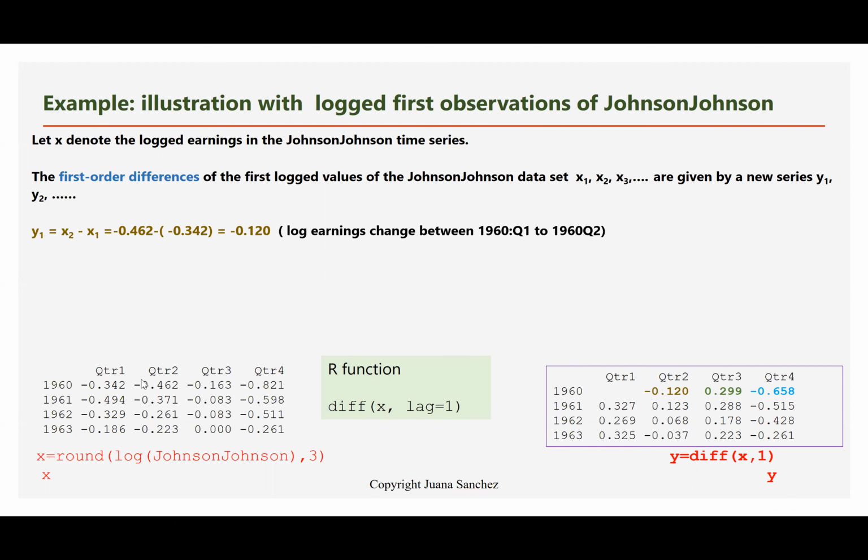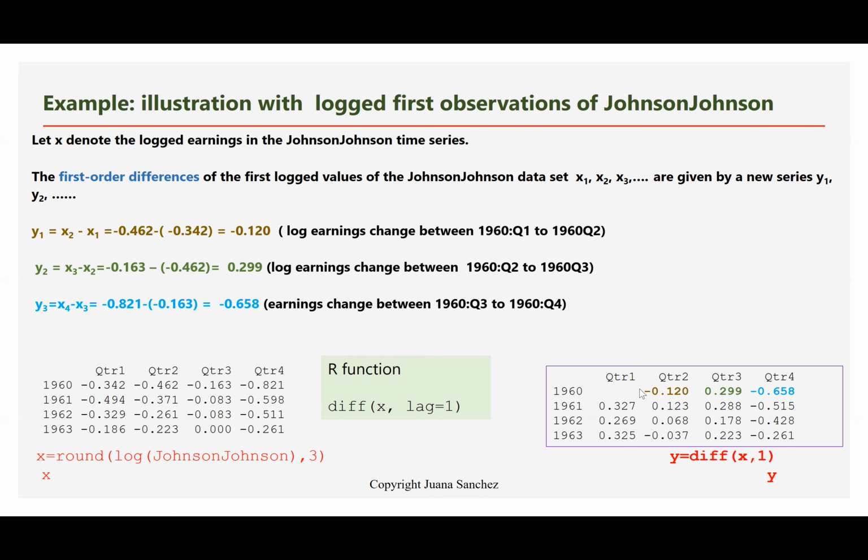So notice x2 is minus 0.462 in the data set. If you subtract from it minus 0.342, which is x1, okay, remember the x's are here on the left-hand side, you're going to obtain the value minus 0.120, the brown value in the difference time series.